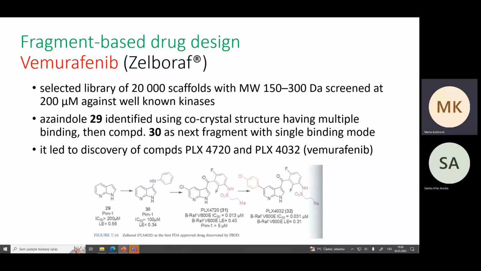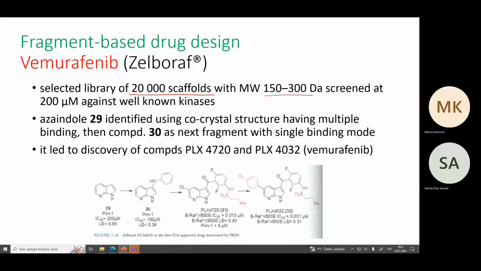So the company started with 20,000 scaffolds, and you know that the fragments are usually very small molecules, maybe sometimes up to 250 daltons. In this case, it was up to 300 daltons, and screened against kinases.